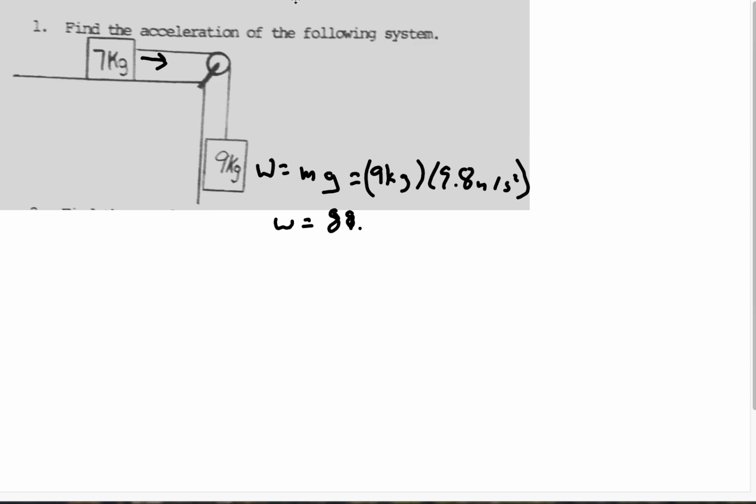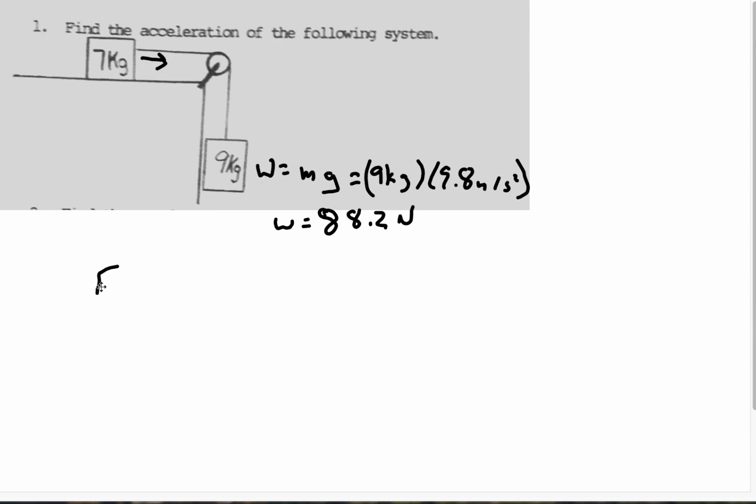Oh, I was way off. All right, 88.2 newtons. Okay, so the only force that's pulling these two guys is the weight of this hanging mass. And that force is 88.2.